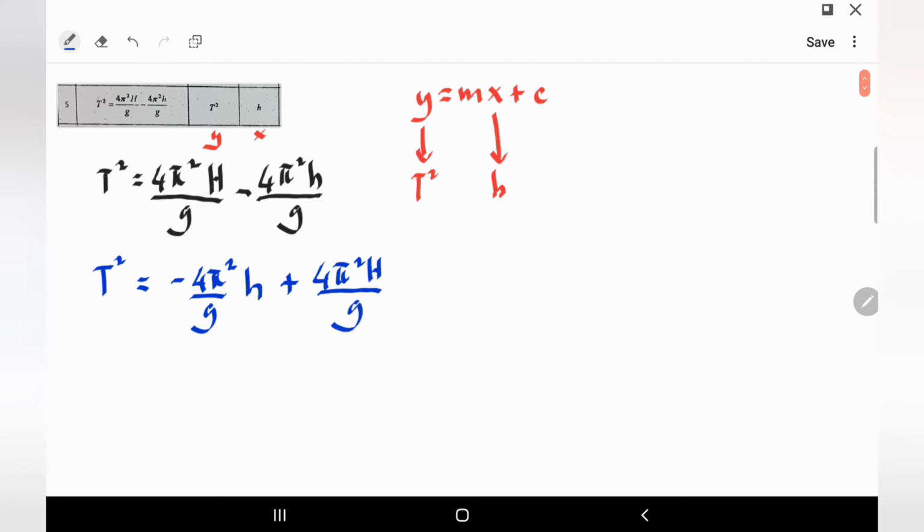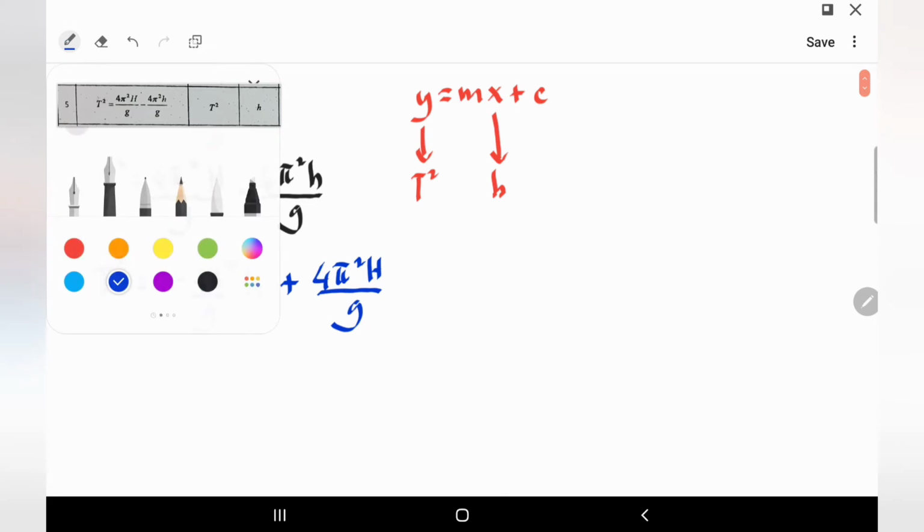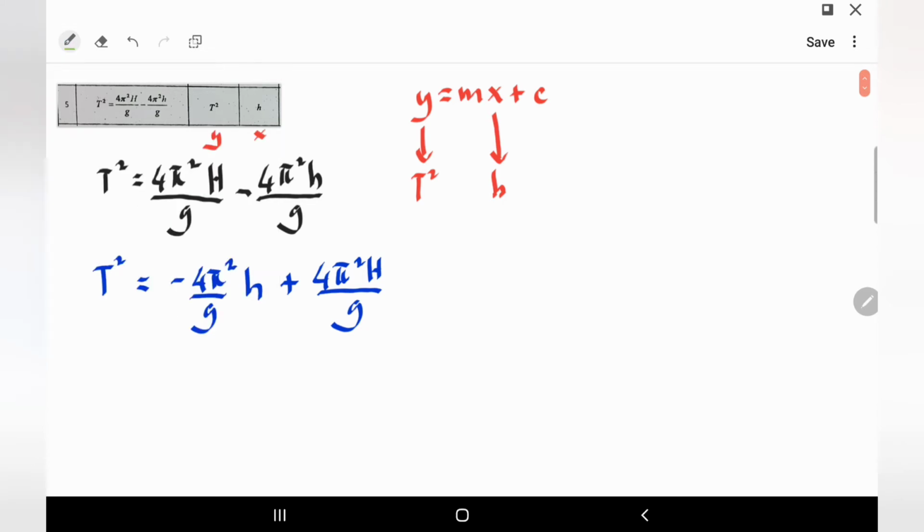So the equation is y equals to mx plus c. This is the y component, which is t squared, and this is the x component, which is h, so this is our m, which is 4 pi squared over g, where the gradient is negative. And this is our y-intercept, which is c.